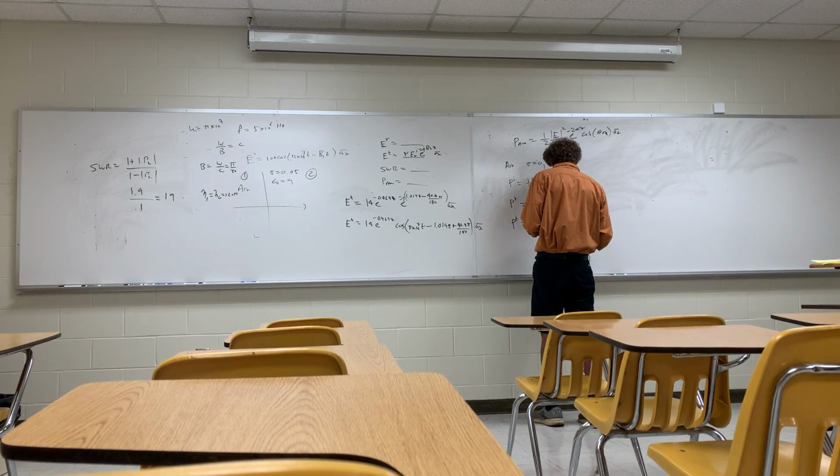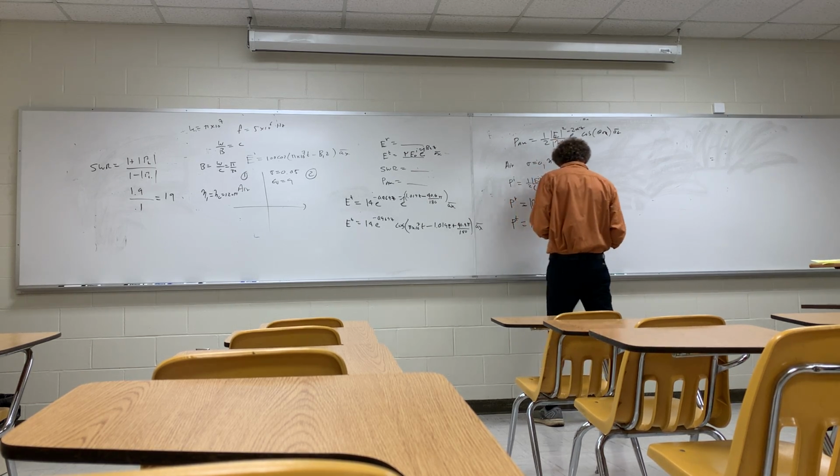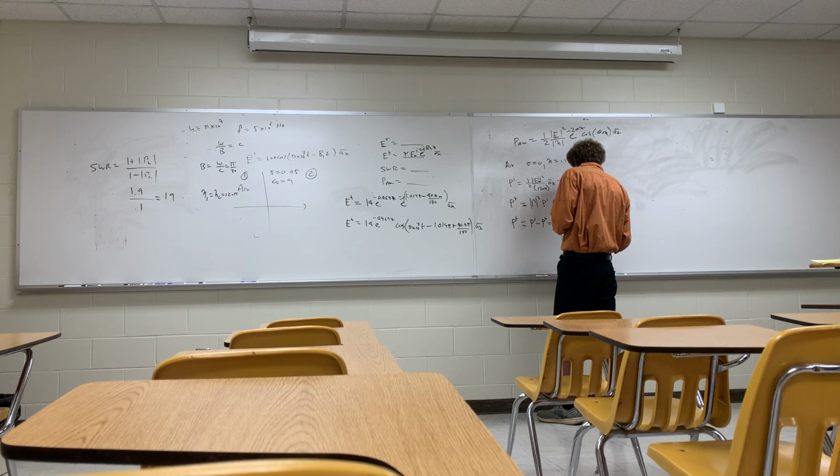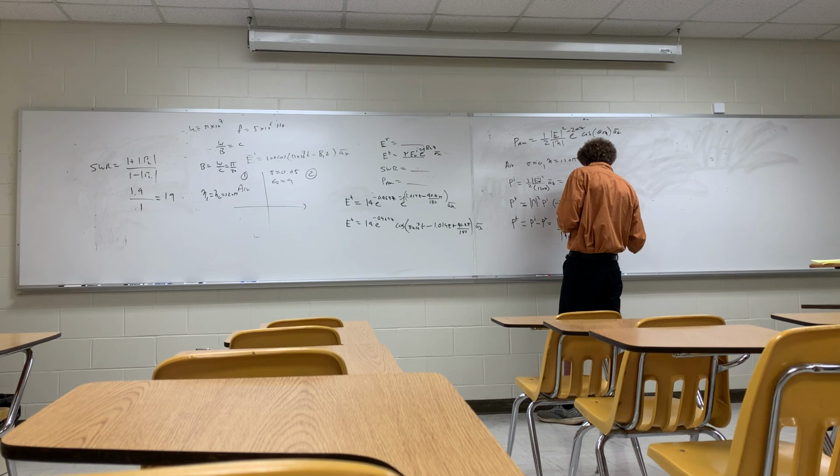It's gonna be that squared over the magnitude of eta 2, right there. And then it's gonna be times the cosine of the angle of eta 2. And then it will be e to the minus 2 alpha 2 z, in the AZ direction.